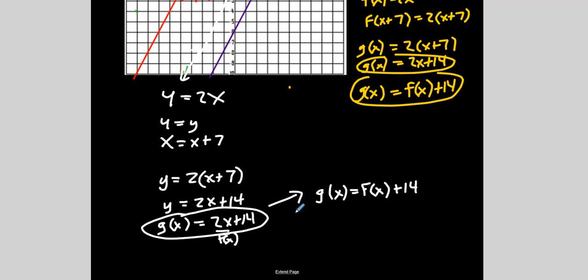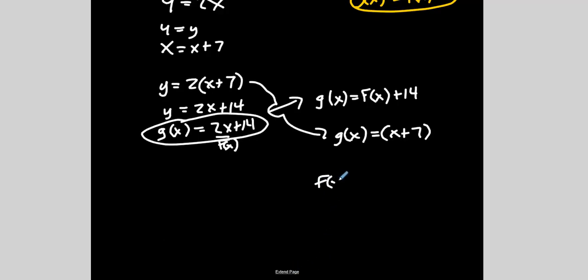So I can say that g of x is 2 quantity x plus 7. But since f of x is equal to 2x, and this should be g of x is 2 quantity x plus 7, not x plus 7.